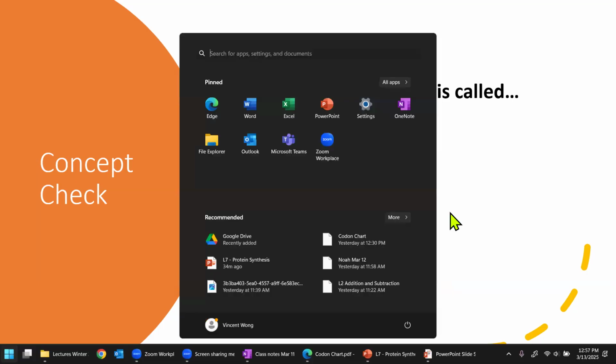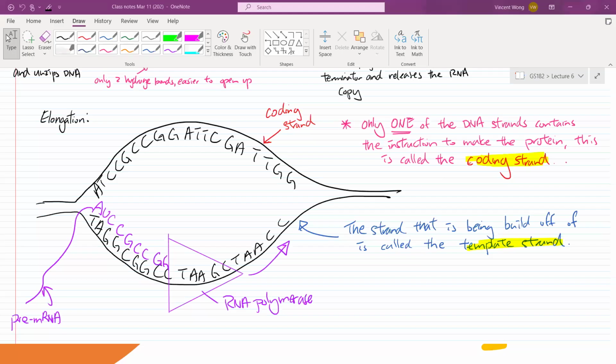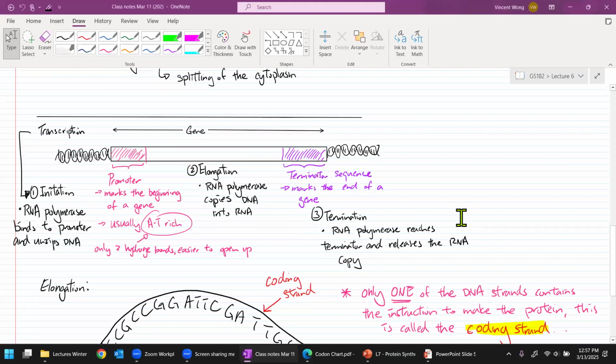Let me just show you one more time. This is a gene. Beginning of the gene is called, everybody say it. Promoter, okay? And then the end of the gene, terminator. You know, like the movie Terminator? You stop. Promoter, terminator.